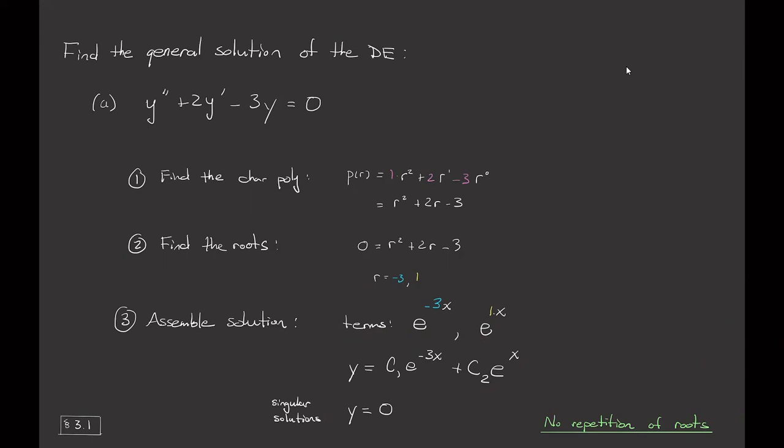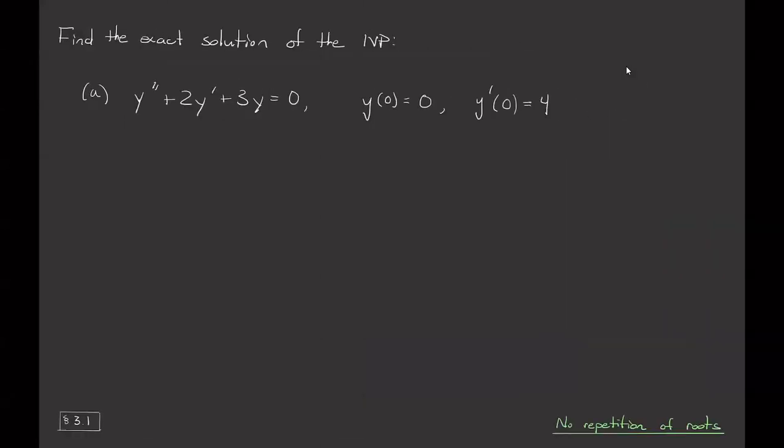Okay, good. Now, as I was expecting with this last one, let's have a case here where we will have complex roots. So the first step, maybe not find, maybe we'll say write the characteristic polynomial.